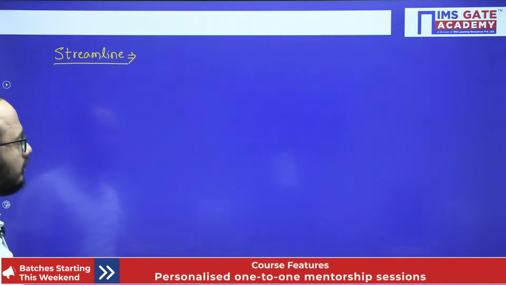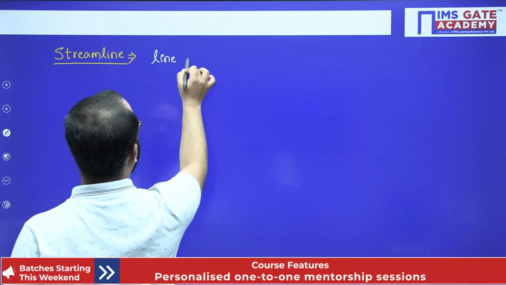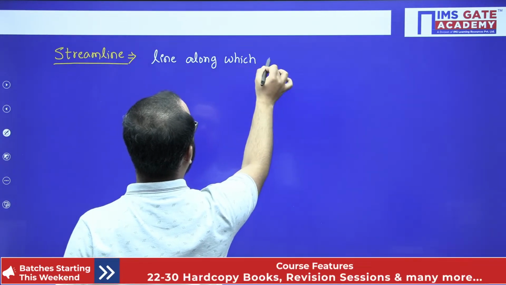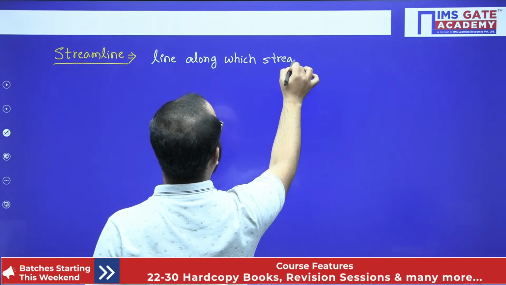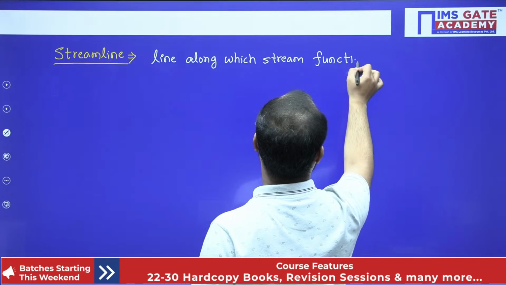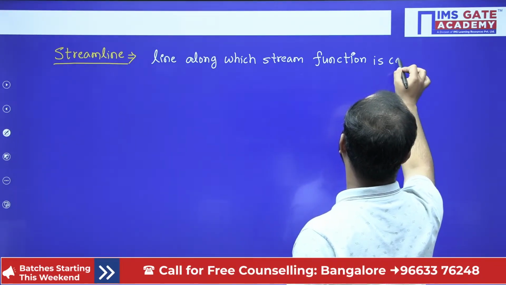Line along which the stream function is constant.